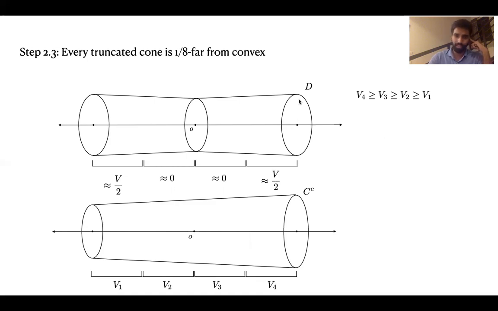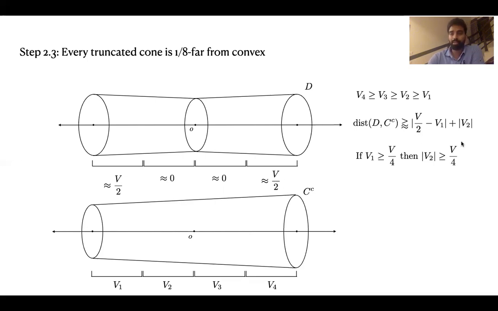Now, the distance between D and CC, if you look at just the left half, would be greater than V1 minus V over 2, and V2. So the distance would be greater than this. Let's split it into two cases. First case, V1 is greater than V over 4.